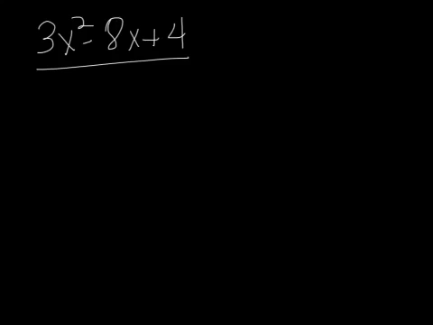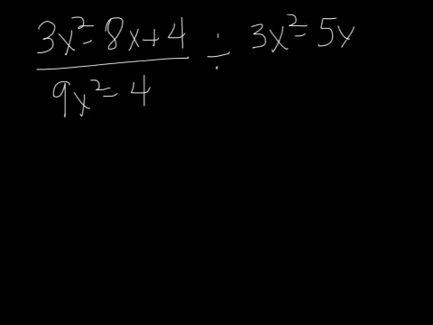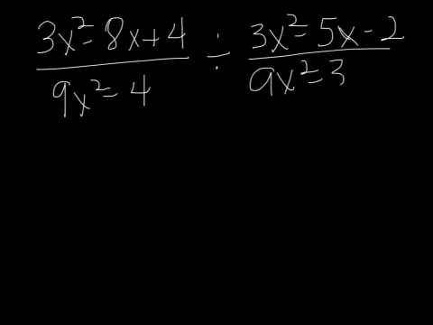Okay, now we have (3x squared minus 8x plus 4) over (9x squared minus 4) divided by (3x squared minus 5x minus 2) over (9x squared minus 3x minus 2).